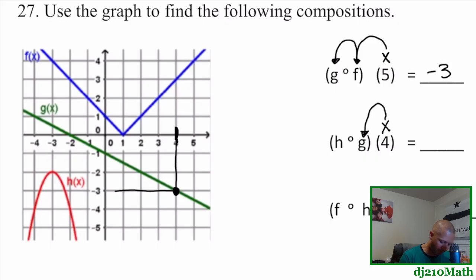That has a y value of -3. -3 is the new input, so x equals -3. Now, which graph do we go towards? We care about h. So this one's going to go down, and that output is -2.